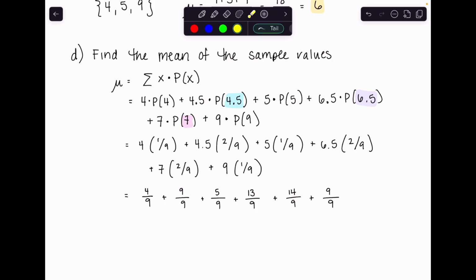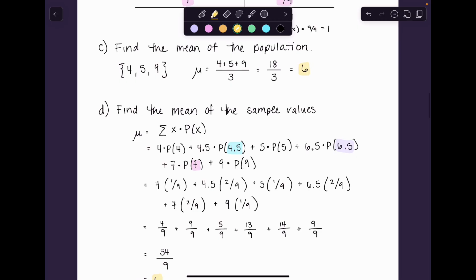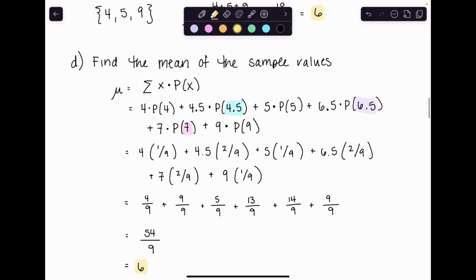Because these all have the same denominator, I really just go ahead and add all of these numerators. The denominator stays untouched. So if you do 4 plus 9 plus 5 plus 13 plus 14 plus 9, that ends up equaling 54. And then 54 divided by 9 gives us 6, which is exactly what we got when we found the actual mean of the population.